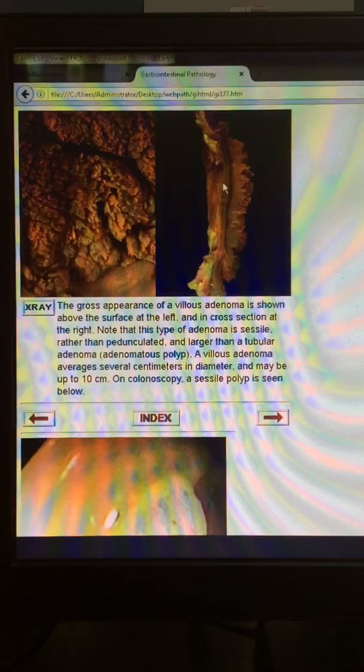This line represents the muscularis propria of the colon wall, and this is the pericolonic fat. The adenomatous lesion is directly attached to the underlying mucosa without a connecting pedicle or stalk.